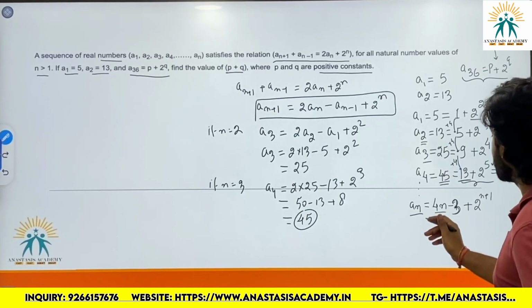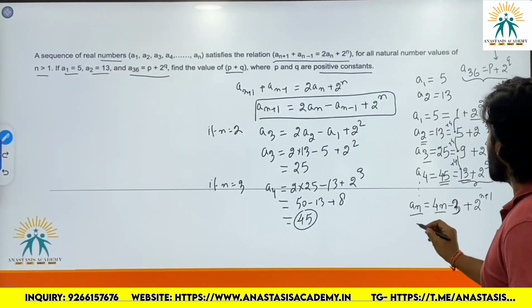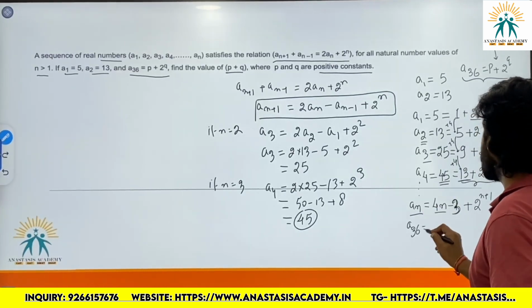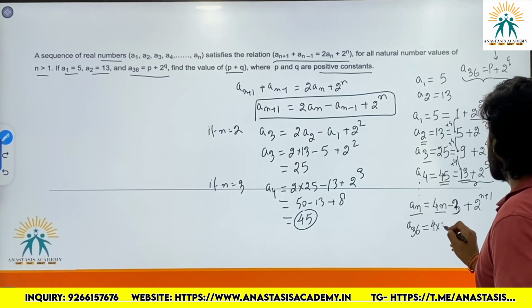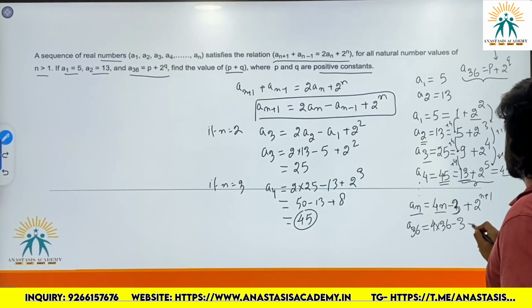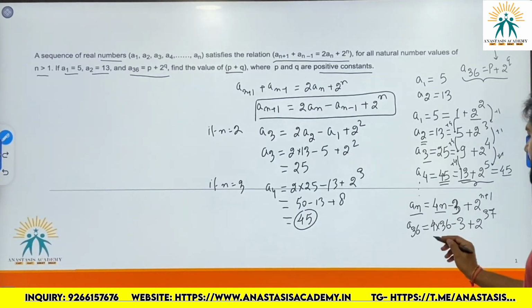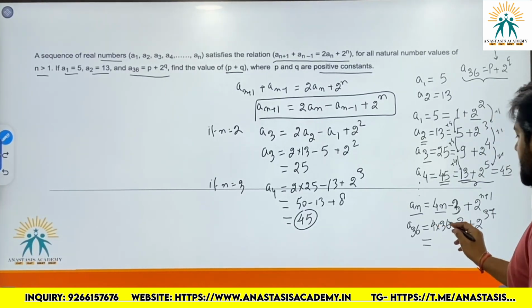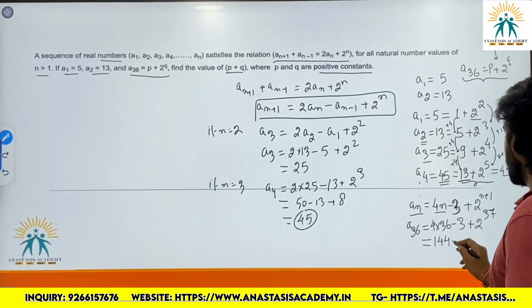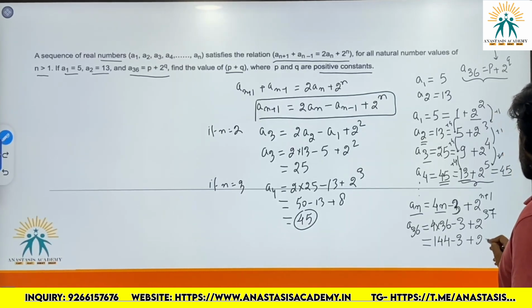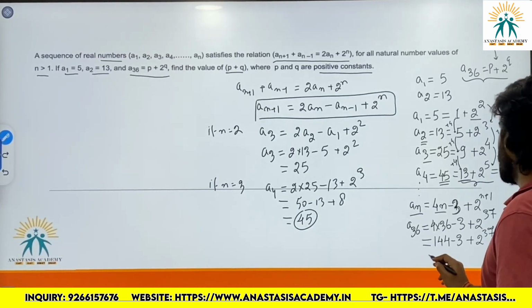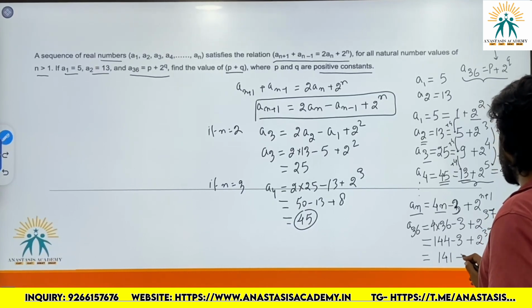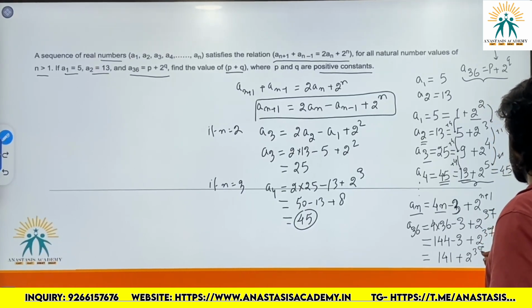According to this general term, I can write the 36th term as 4 into 36 minus 3 plus 2^37, which is 144 minus 3 plus 2^37. So it becomes 141 plus 2^37.